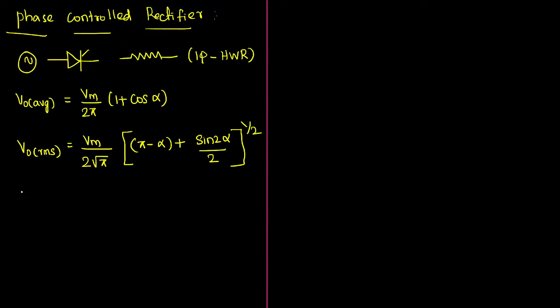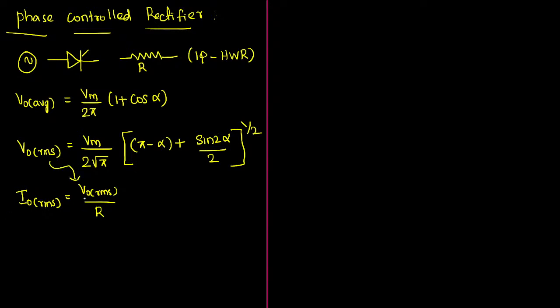Now suppose at some time you are asked to calculate the RMS output current or average output current. If you want the RMS output current, what is the output load here? R. According to Ohm's law, RMS output current equals RMS output voltage divided by R. Where is the RMS output voltage? It is here.